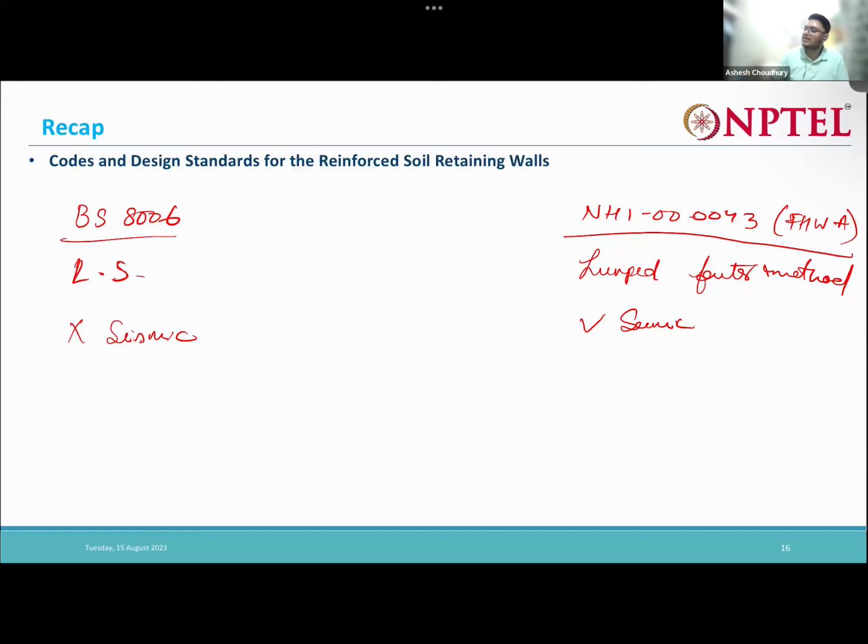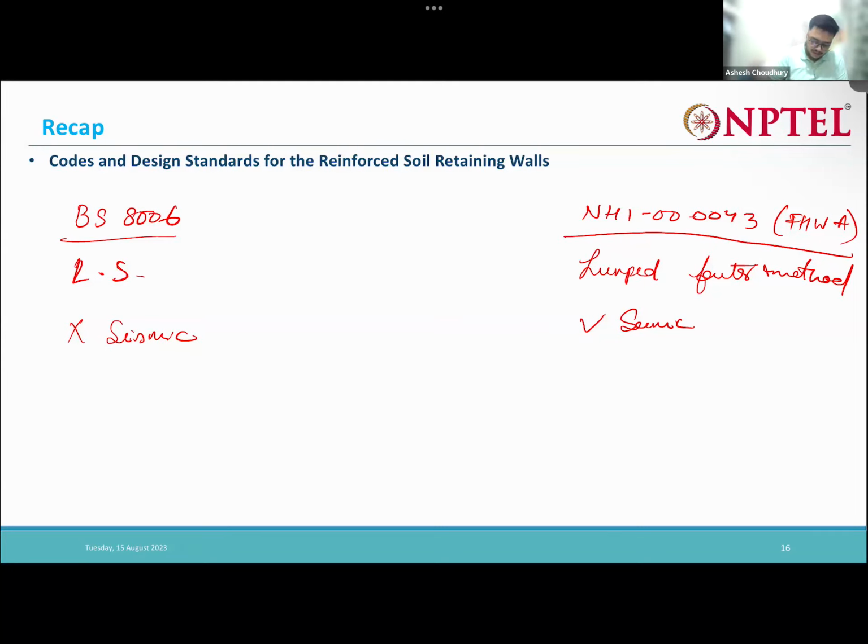To comment on whether the retaining wall is safe or not, you need to do the overturning factor of safety and eccentricity check. Okay, those checks we had done. Generally, we do those checks. Versus BS 8006 actually does not check this, but NHI 0043 actually considers those things. Okay, the overturning and the eccentricity checks.